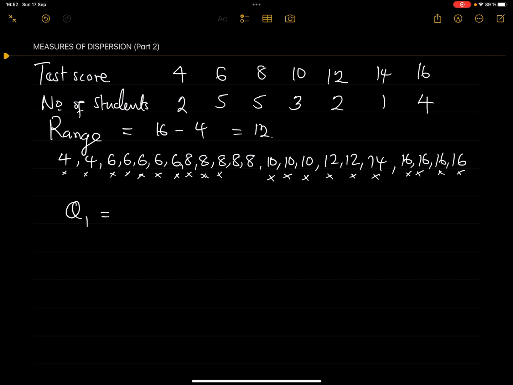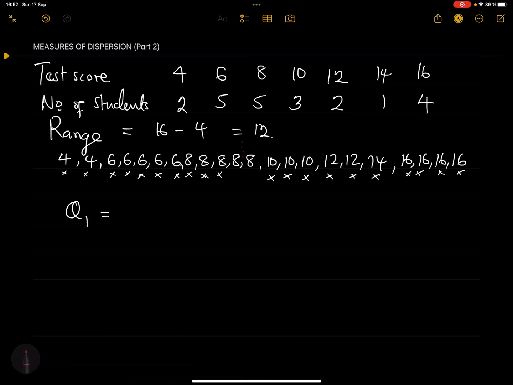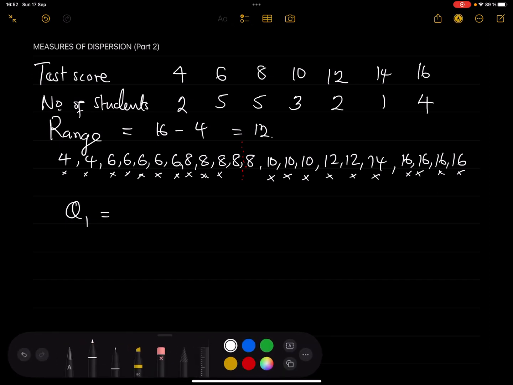Now we are left with only 2, 8 and 8. So the median is 8 plus 8 divided by 2, and that gives us 8. In essence, the median is here. It divides the data set into two equal halves.